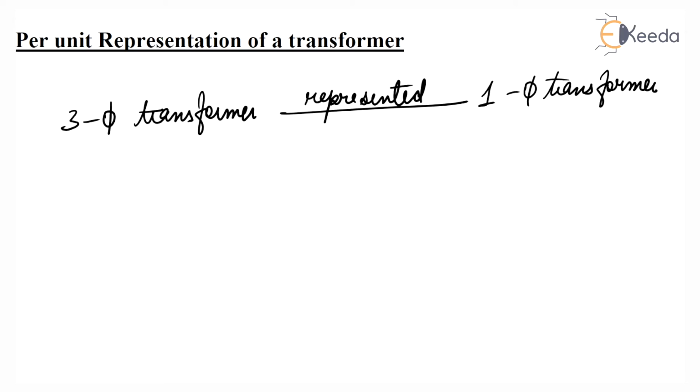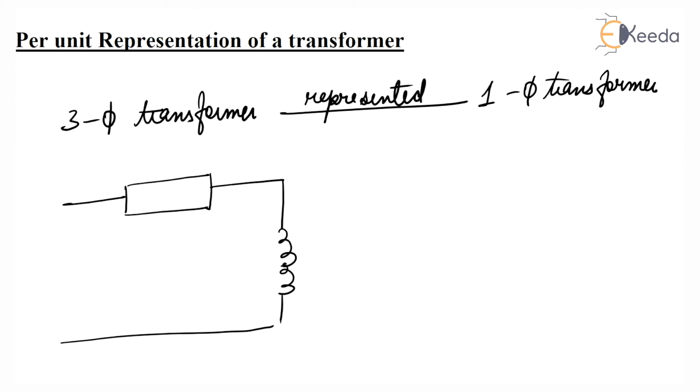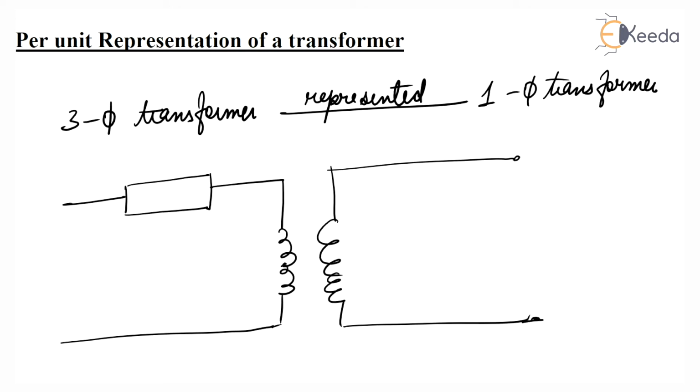So, I'll show you the representation of a single-phase transformer. This is the primary side of the transformer and the secondary side of the transformer. For the primary side, voltage VP across the primary side, current IP, impedance ZP of the primary side, and this is EP.